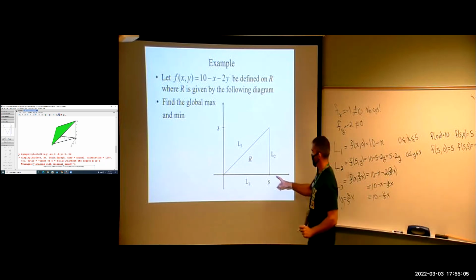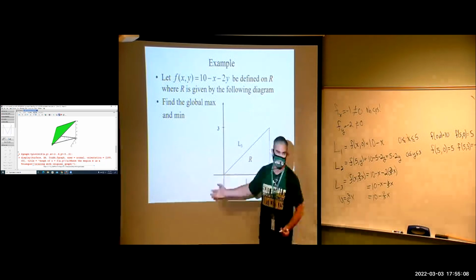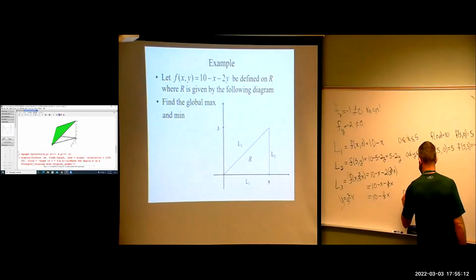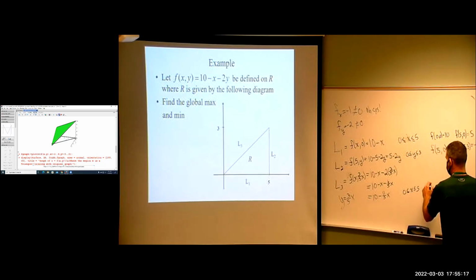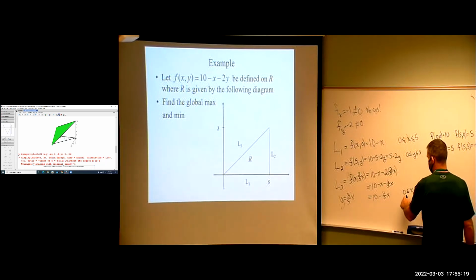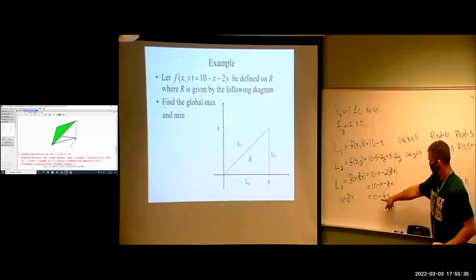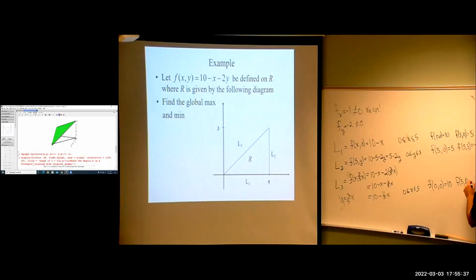And we can see here, x is going to go from 5 down to 0, or 0 to 5. So when x is 0, we're going to get 10. So when x is 0, it's going to be basically f of 0 comma 0. And when x is 5, we're going to get 10 minus 11, or -1.